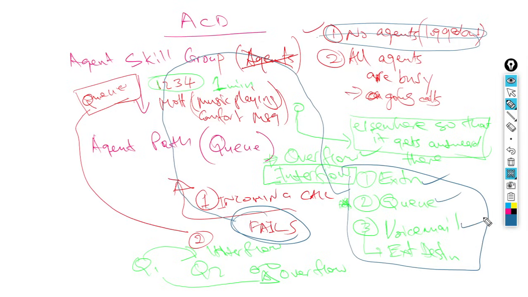We could also send it to voicemail or to an external destination. And in such a case where we are configuring for when agents are not available, for the calls to be taken elsewhere, we call this path unavailable answer point.